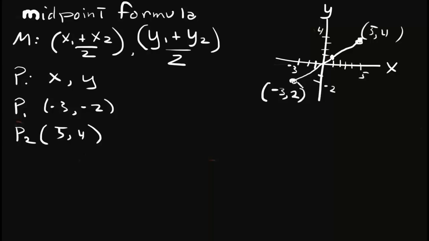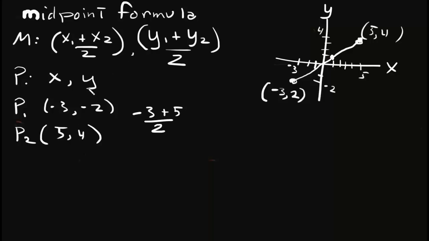What's the point which is equidistant from both of the ends? So let's use the midpoint formula. Well, x in the first point, or x sub 1, is -3, and x in the second point, x sub 2, is going to be 5. So that's -3 plus 5 over 2.